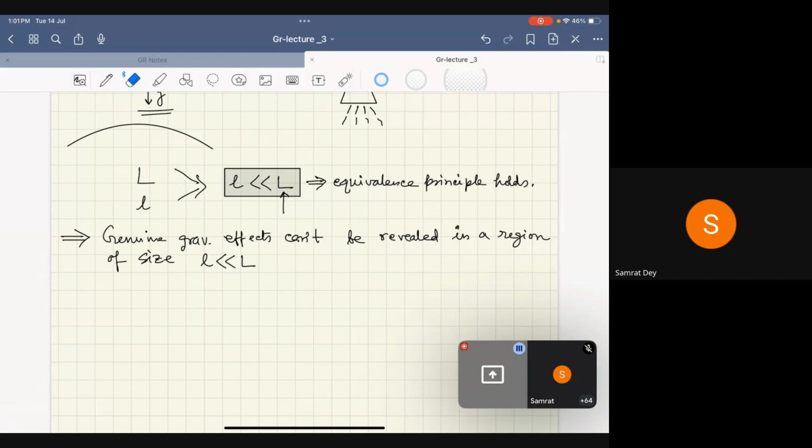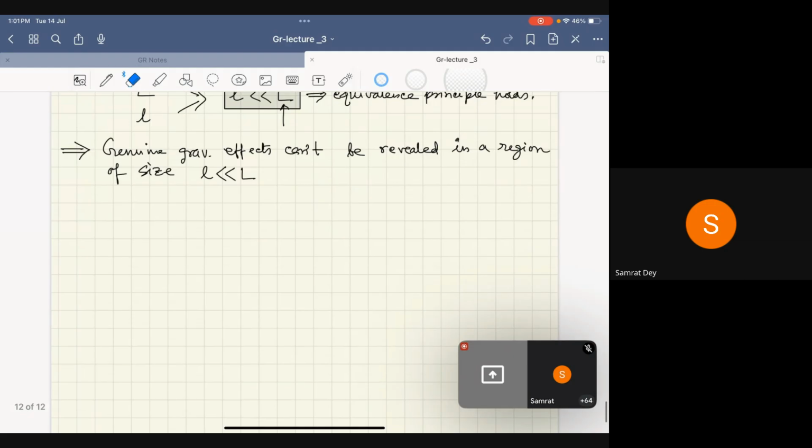Now it can be shown, I will immediately show, that the metric g mu nu can be thought of as the gravitational potential phi, and the Christoffel symbols will behave as the gradient of phi.